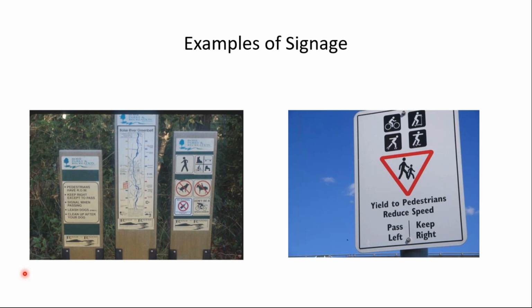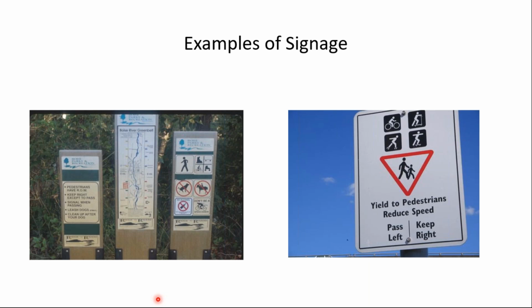Here's some examples of signage. The one on the right, I believe, is Portland, Oregon. That's along the trail, intended to be read while people are moving. The one on the left is, I believe, the Boise River Trail in Boise, Idaho. A lot of signage here. This is placed at the entrances or at connections to the trail because people obviously need time to kind of stop and take in that information.